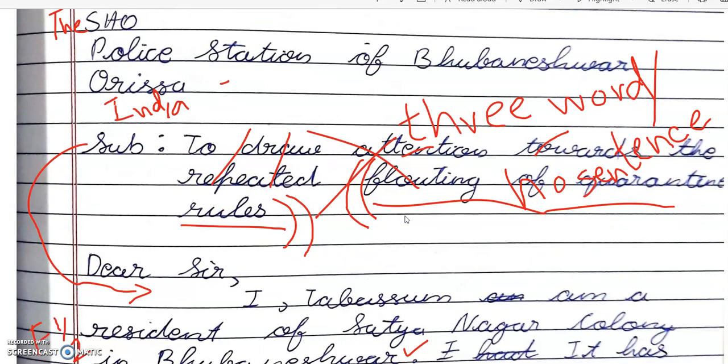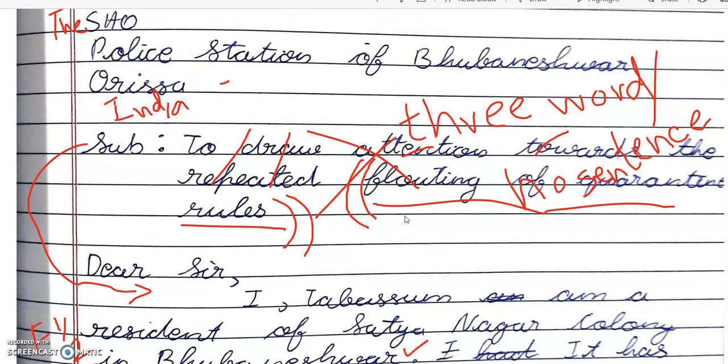Subject, previously it was written before, but as per the latest format, it is first the salutation, that is, you gain the attention of the person, and then you present your point, what you are going to talk about. And one idea about the subject is that it should not be more than three words as such, or it should not be a sentence as such.